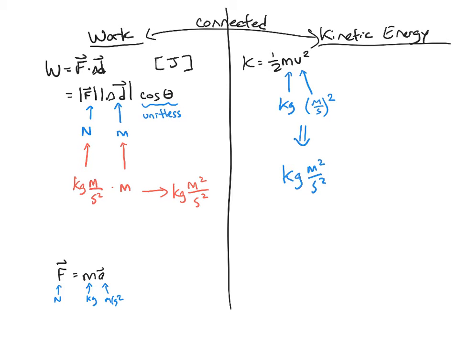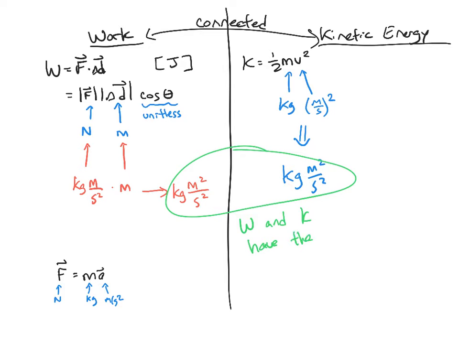So I did all of this just to show that work and kinetic energy have the same units. And I guess this is the beginnings of showing you that these two things are really closely connected to each other. They have the same units.